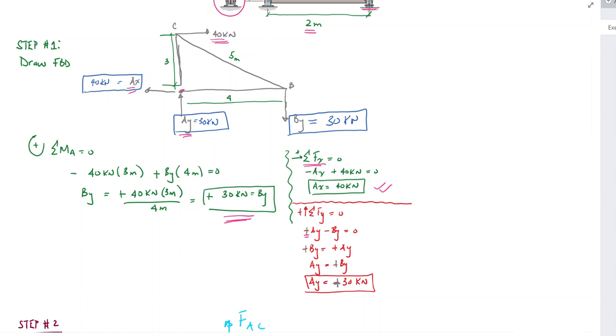So what would be the formula for our normal stress? Exactly. I'm going to put here the stress symbol. This is sigma, a Greek letter sigma.